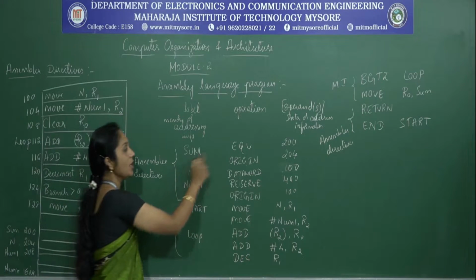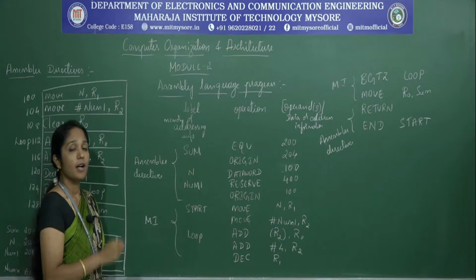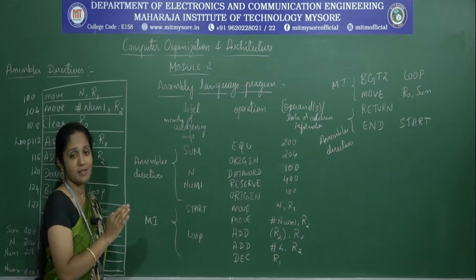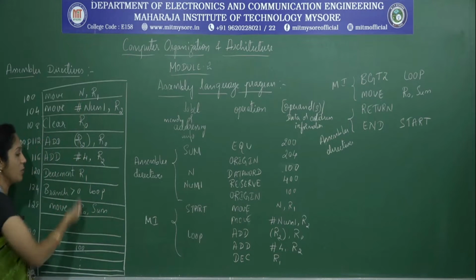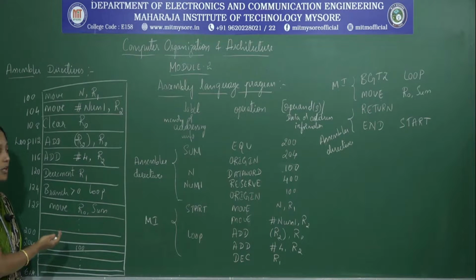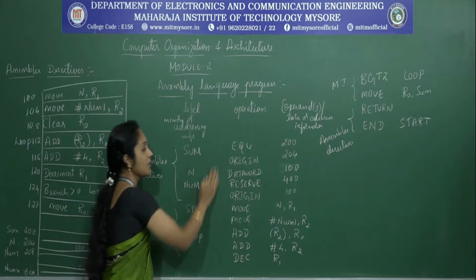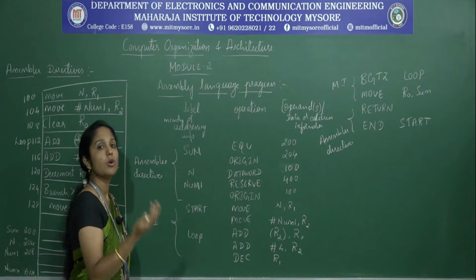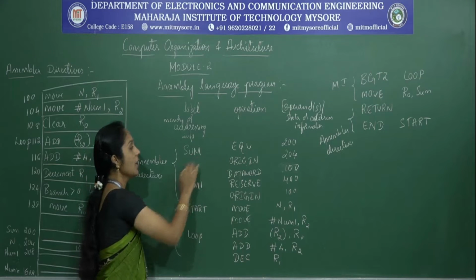So SUM EQU 200: remember, this need not be executed and need not be present in the object code. If the object code is to be in this form, then we have to write an assembly code like this. These are just directives to the assembler to say what to be done when SUM is encountered.